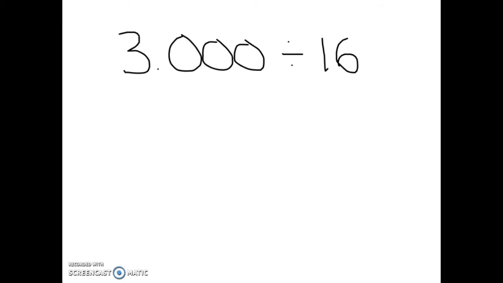Here's a division problem. We can look at this the same way we just approached the last two multiplication problems. We have 3 divided by 16, which will give us 0.1875. Now let's take a look at how many significant figures we have in each of the two numbers we're dividing.